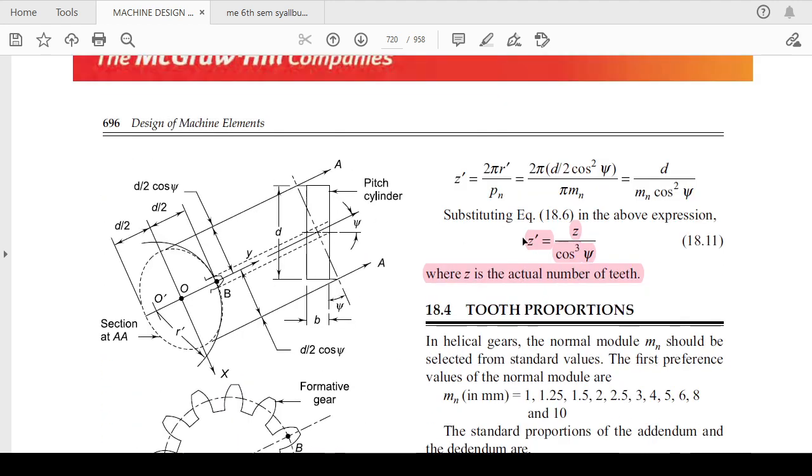So in the calculation you have to consider the virtual number of teeth, which means you will calculate your Lewis form factor on the basis of the virtual number of teeth instead of the actual number of teeth. If you know the actual number of teeth z, then you can directly divide it by cos cube psi to get the value of your virtual number of teeth z.